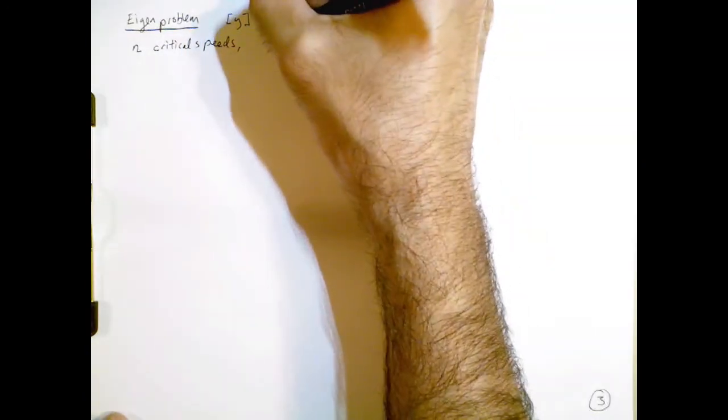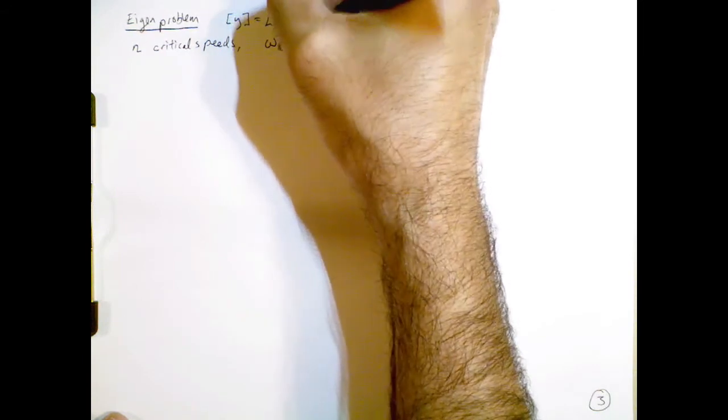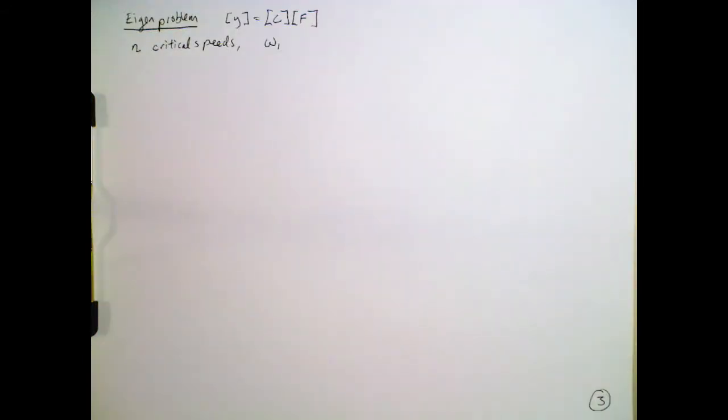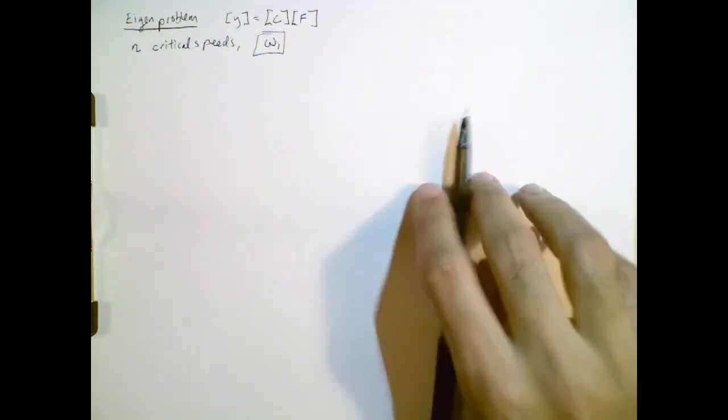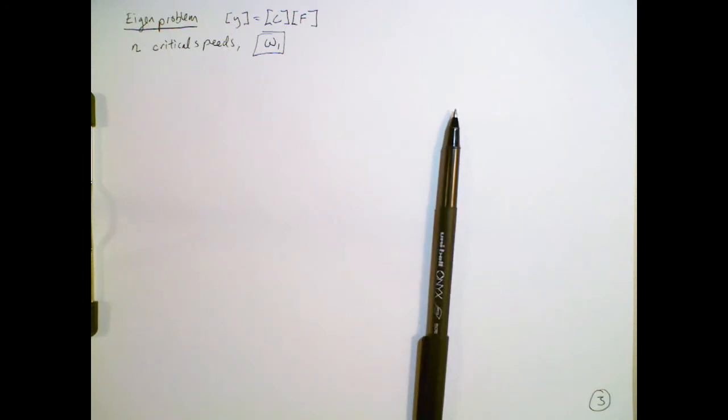We need to make sure that we are rotating at least half as fast as this lowest speed, or we want to be below 1/2 of this first critical speed. So how do we go about doing this? We can rewrite this equation, first of all.